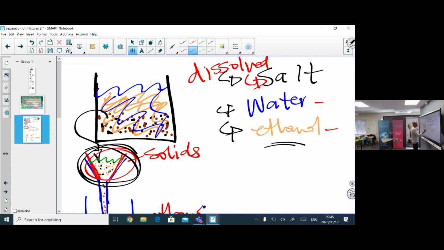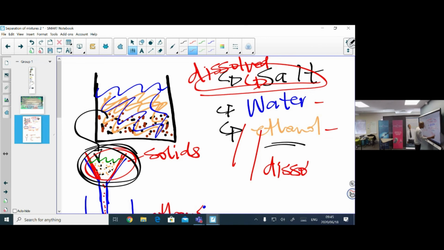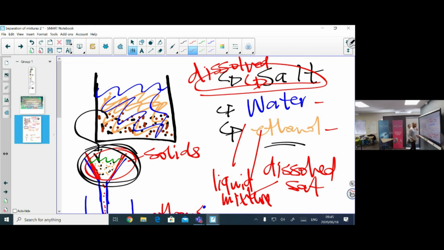We know how we can separate our water from ethanol, but how can we now separate our dissolved salt from liquid? Dissolved salt. How do you separate it from liquid mixture? So you remember we said we can separate solids from liquids using filtration.